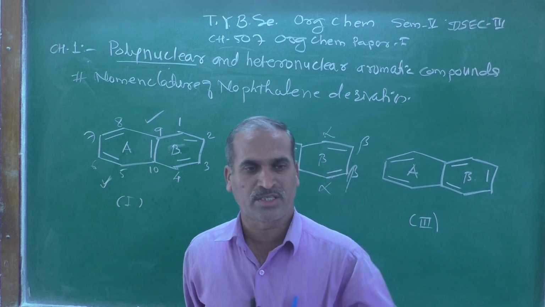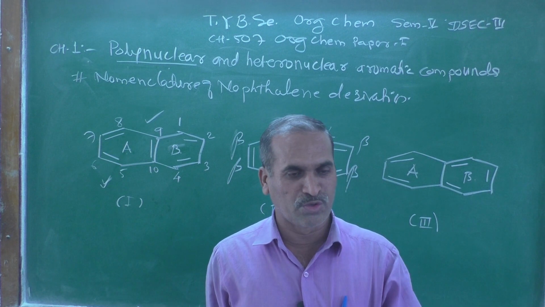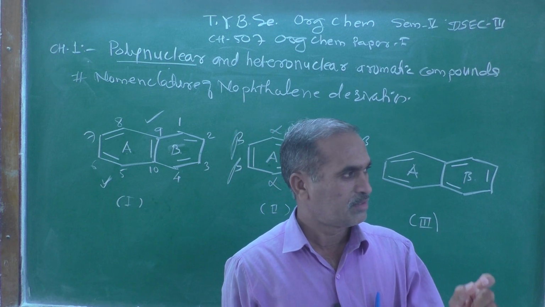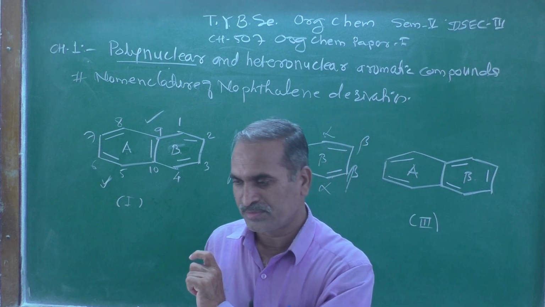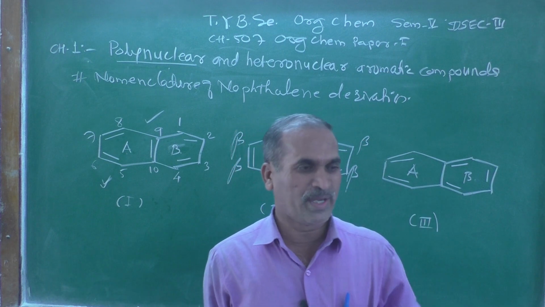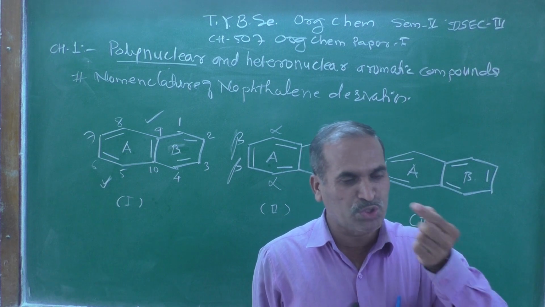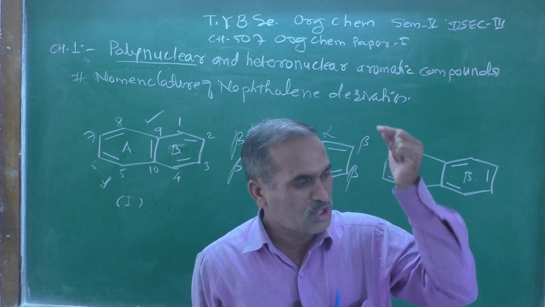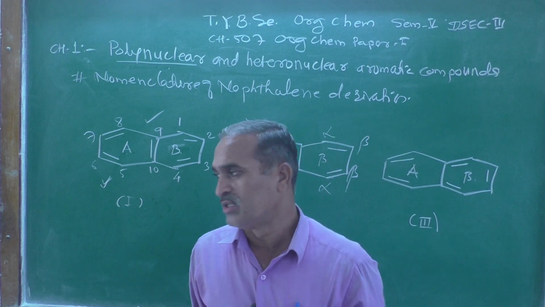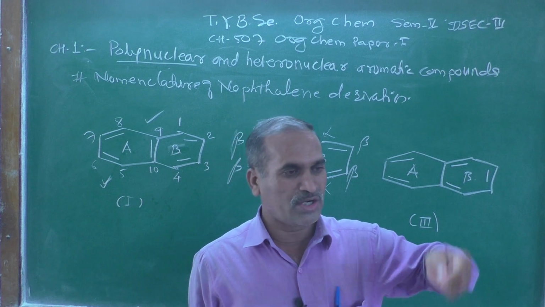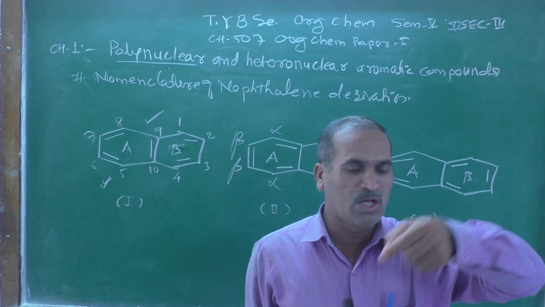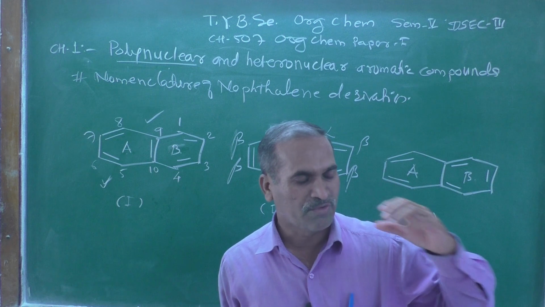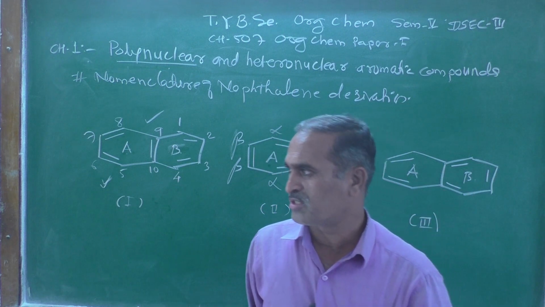Continuous oscillation is taking place, and therefore we cannot identify the single bond and double bond in an aromatic compound. The electrons are not localized on a particular position. The electron density is shared equally by all the carbon atoms, and therefore those different structures are known as resonance structures.